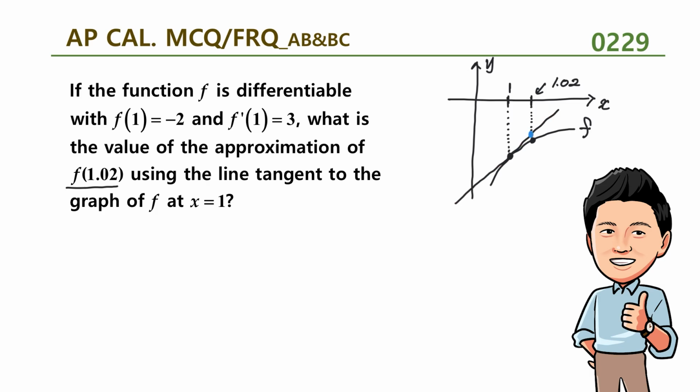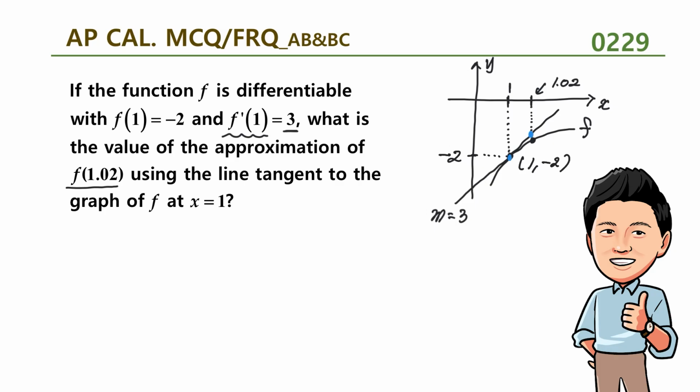And the information is all given. When x is 1, the y is negative 2. This means this point right here is 1 comma negative 2. And what about slope? Given f prime 1, that's the slope of the tangent line at x equal 1, that's 3, right? So the slope of this line is equal to 3.